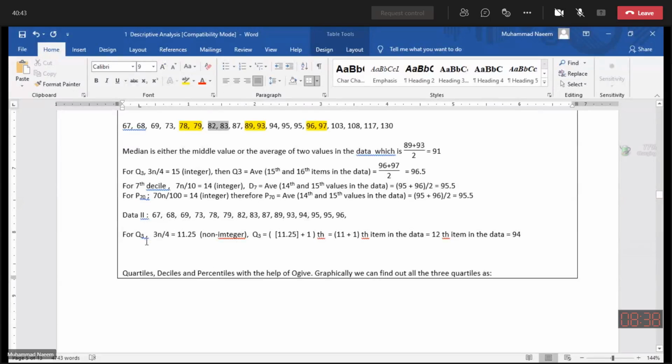Then Q3, what about Q3? That is 3n by 4. Again, we find the ratio first of all, and we check whether this ratio is integer or non-integer.